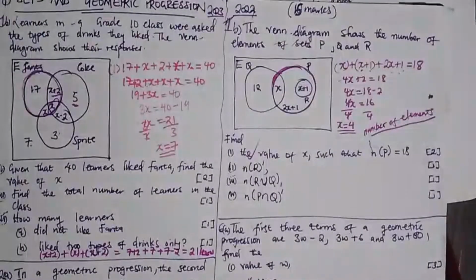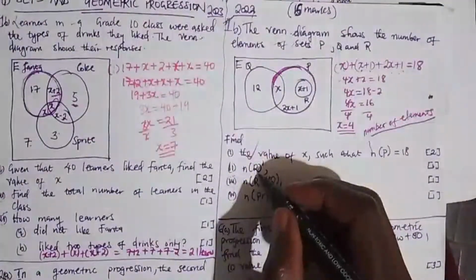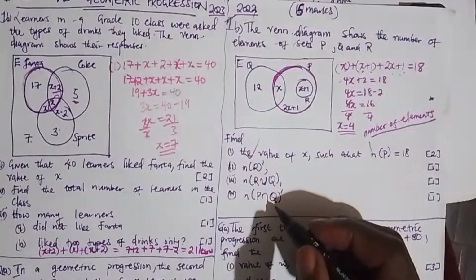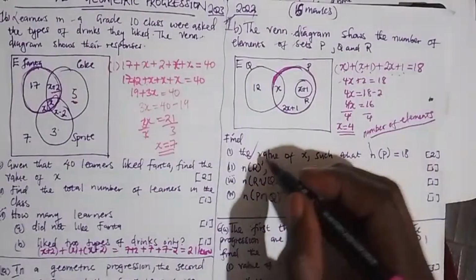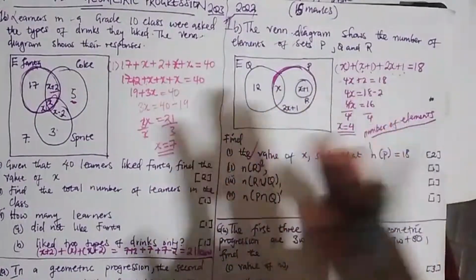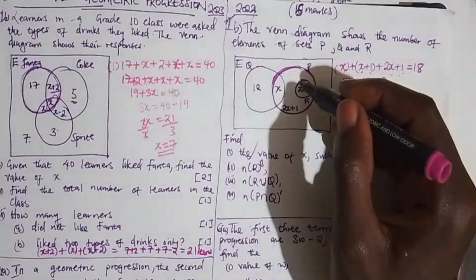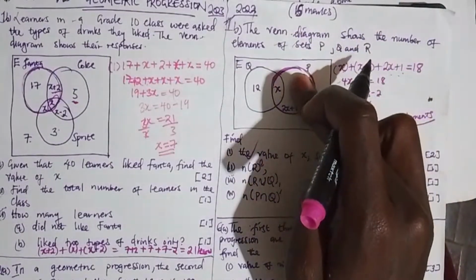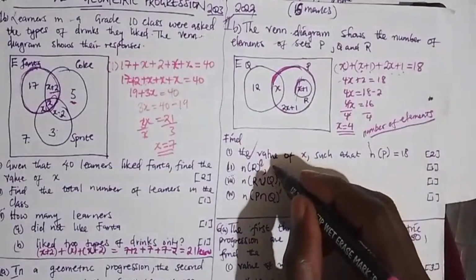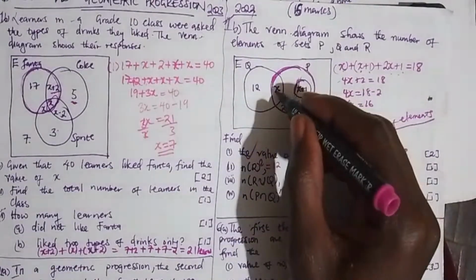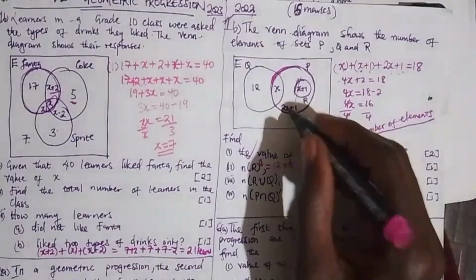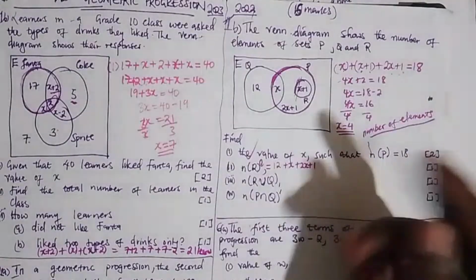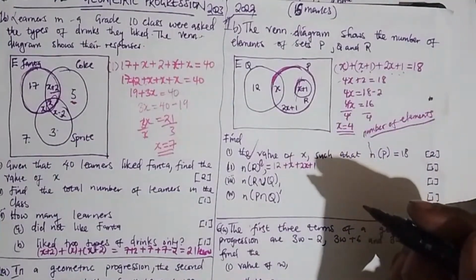Then our second part is find the number of elements in R complement. So this complement means find all the elements which are not in R. So they don't want us to include R. So we have 12 plus x plus 2x plus 1. Then remember we have found the value for x.